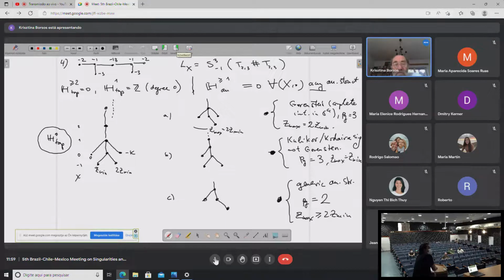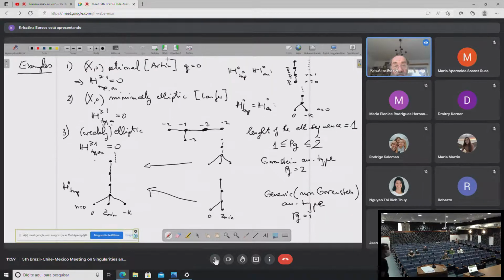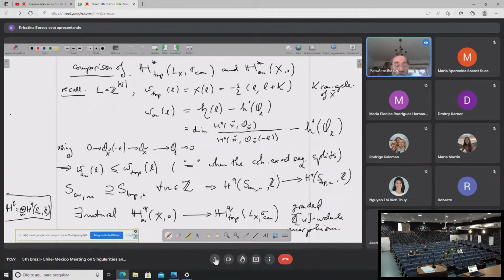Okay, so you see here what we have. This is just what I was able to show here, that I have a natural map which connects the analytic and the topological one. But what I expect is that this is injective, but we still have to prove it.